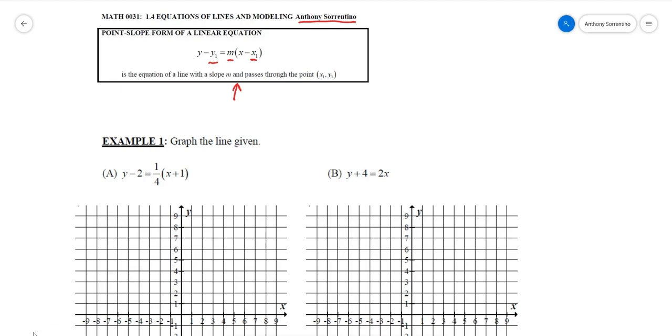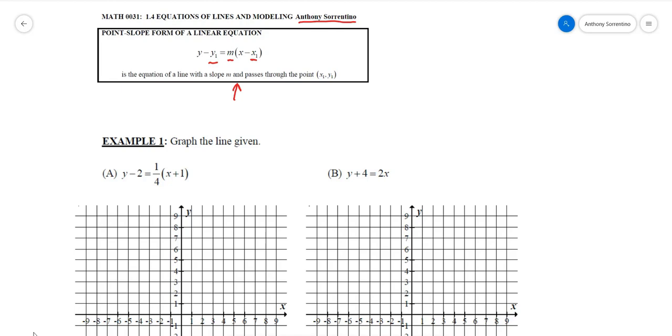And since there's many different points on the line, you could have several different point-slope form equations for the same line. That's one of the confusing parts about it, is that you could have multiple equations for the same line. Also, along with that, there's some sign usage that sometimes confuses some students.